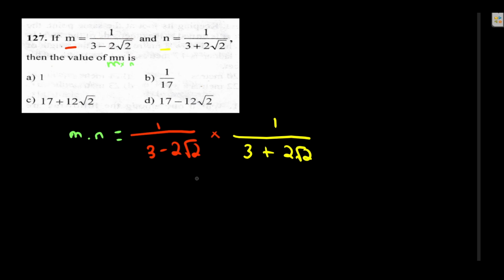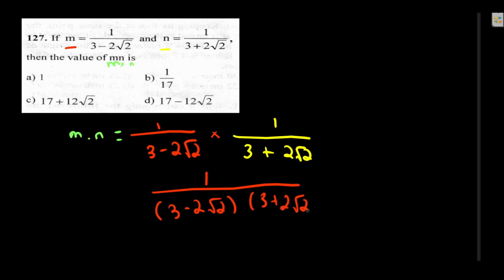If I multiply 1 times 1, that would give me 1, and the denominator would be 3 minus 2 root 2 times 3 plus 2 root 2.